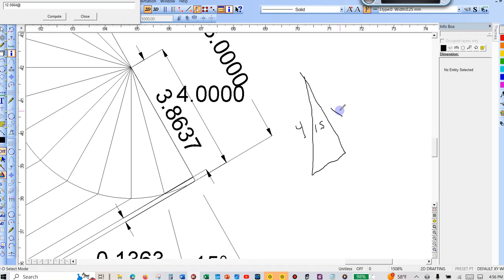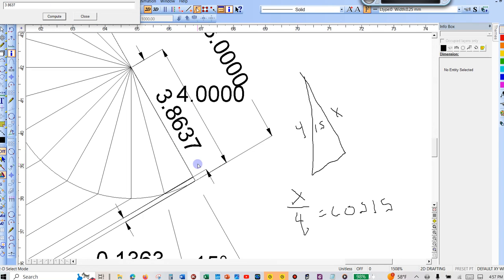So x over 4 is the cosine of 15 degrees. So cosine of 15 times 4. Control C. I'll give you that, 3.863.